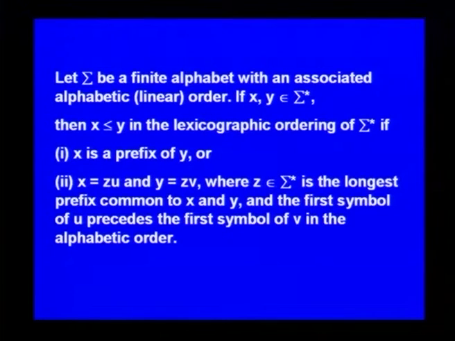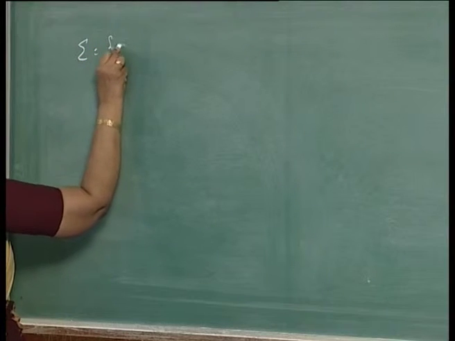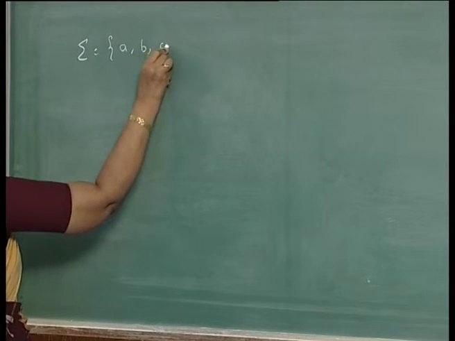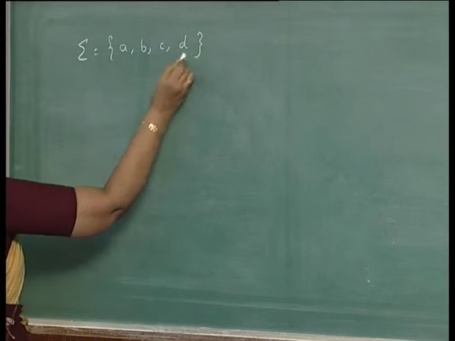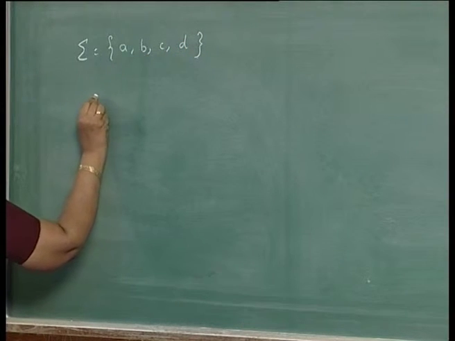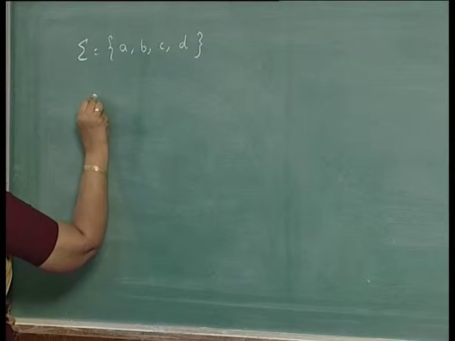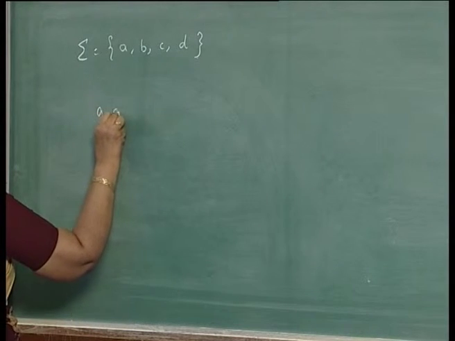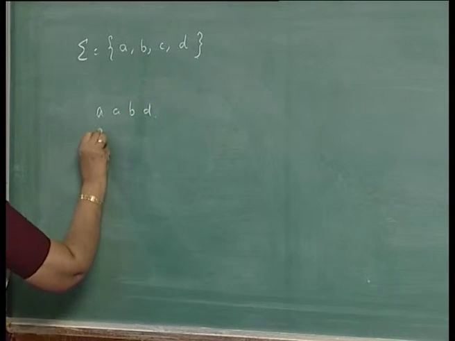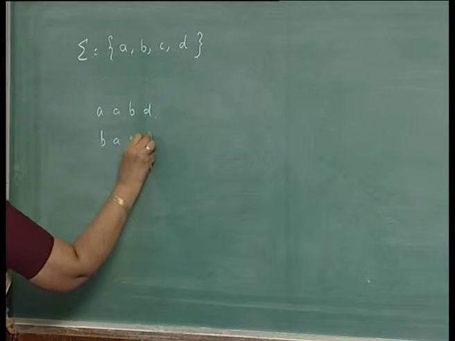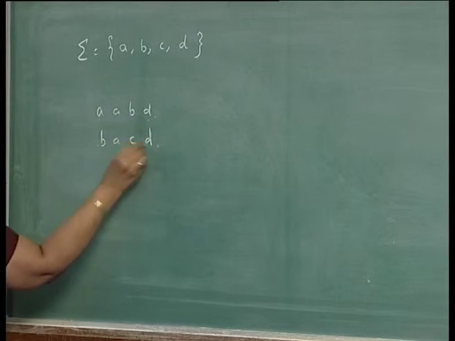So, if you take the alphabet, say sigma is equal to {A, B, C, D}, and you have, say, ABD and BACD, something like that, this will come before this.